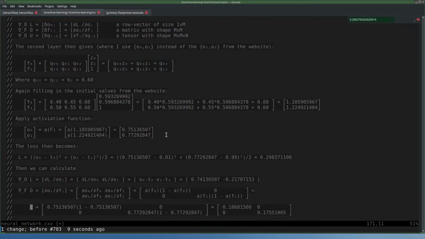No, no. No, wait. This is already that value. This is the A of F0. This is F0. So the A of F0 is that value. Thought it's correct. Now it's correct. Yep.